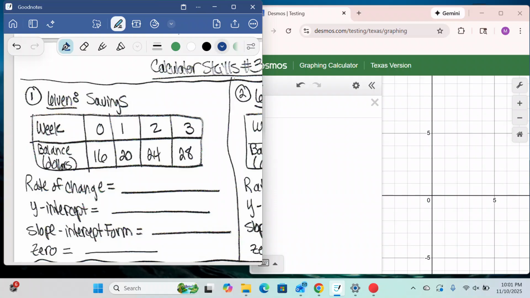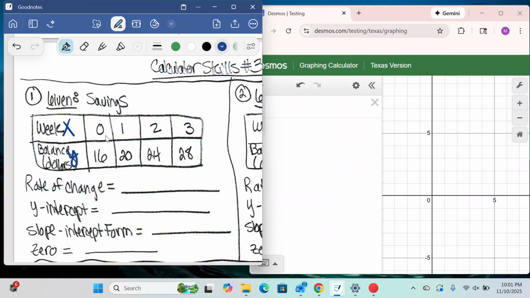First of all, we need to identify what the x value is. The x value is the weeks, and the balance is your y values. So once again, the x is your domain and the y is your range. We're going to figure out what the rate of change is, and do not forget, another word for rate of change is, of course, slope.